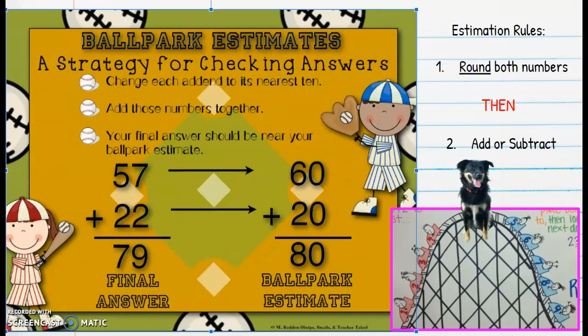Those strategies were find your place and go next door. These are both in the tens place, so we found the tens place. Find your place. Go next door. 5 or more, let it score. 4 or less, let it rest.